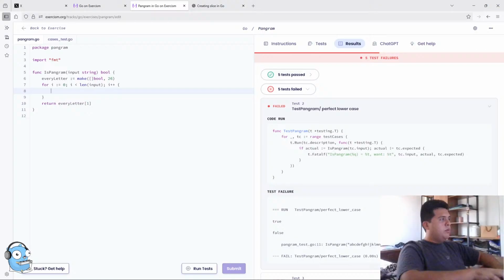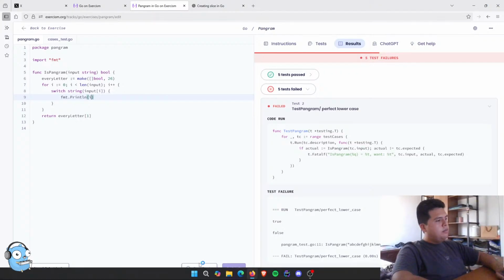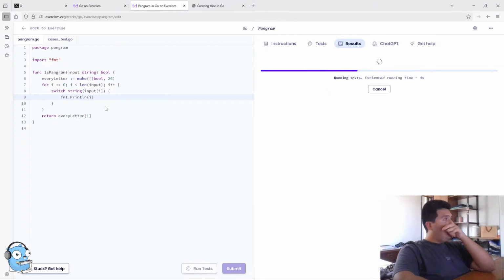I will go through the entire word and I will switch on the input at i, string input. I want to check if it doesn't have an error here.